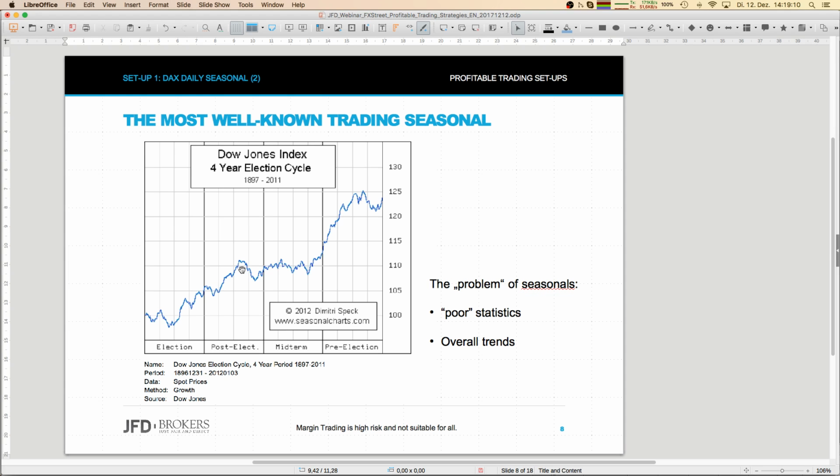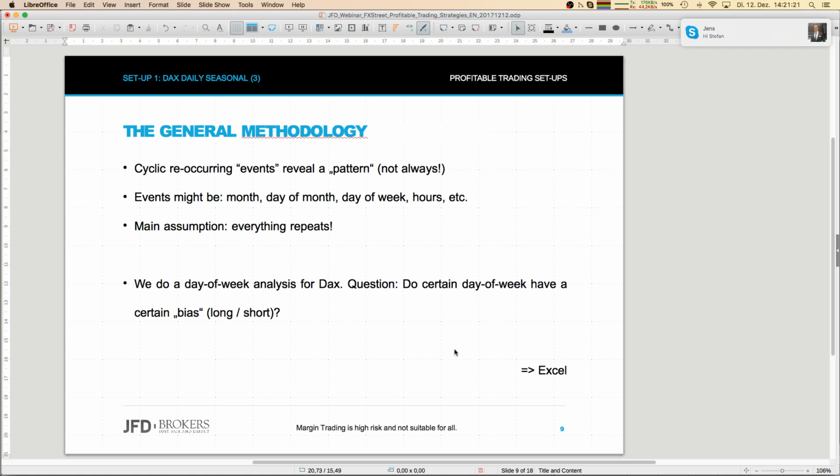Our question here is a little bit different. We ask about day of week, and that means we try to find a correlation of a specific day of the week, like Monday, Tuesday, Wednesday, and so on, with a certain move, maybe north, which would offer us a long opportunity, or maybe short.